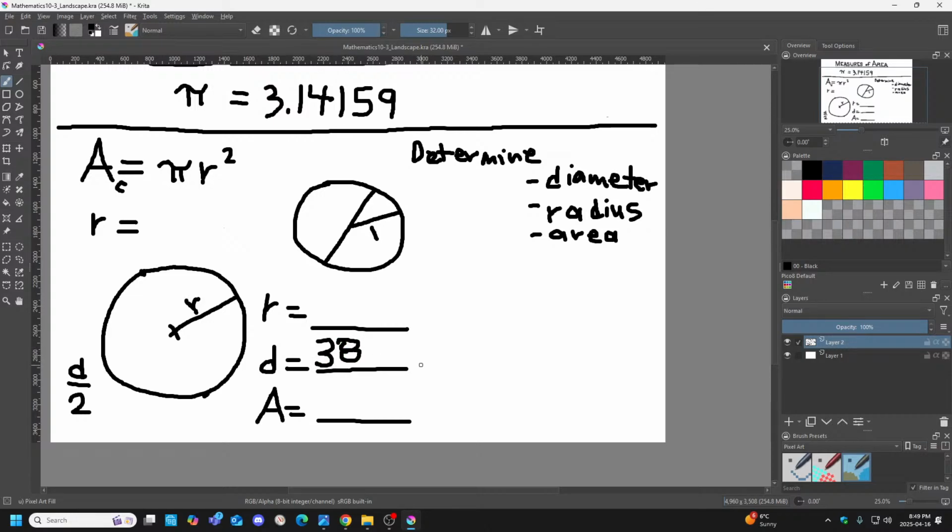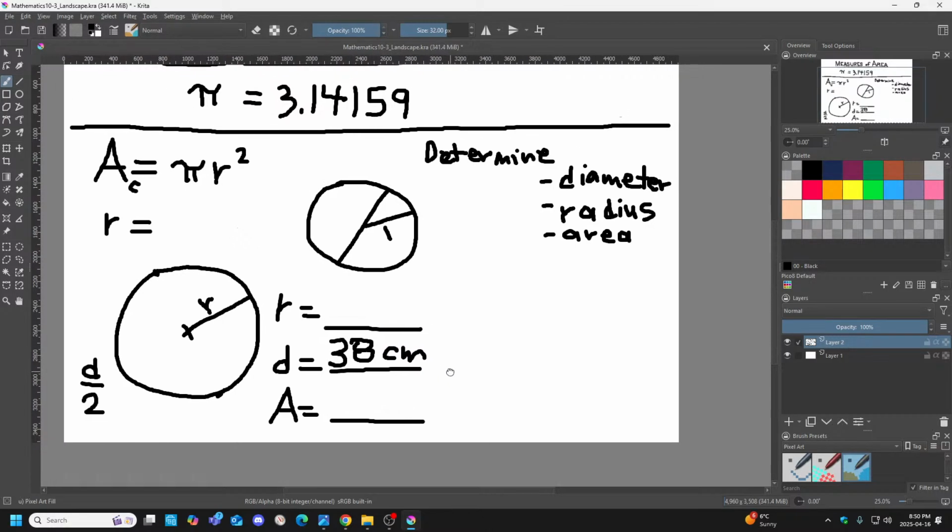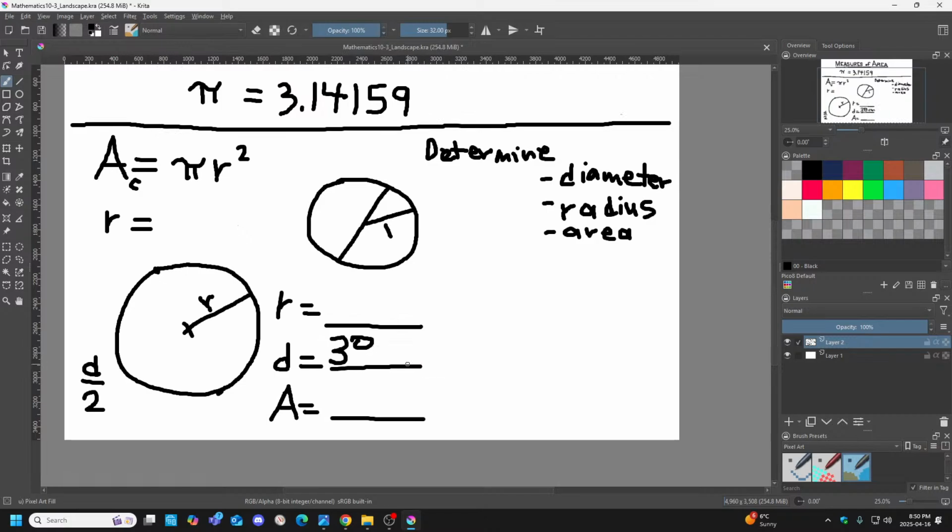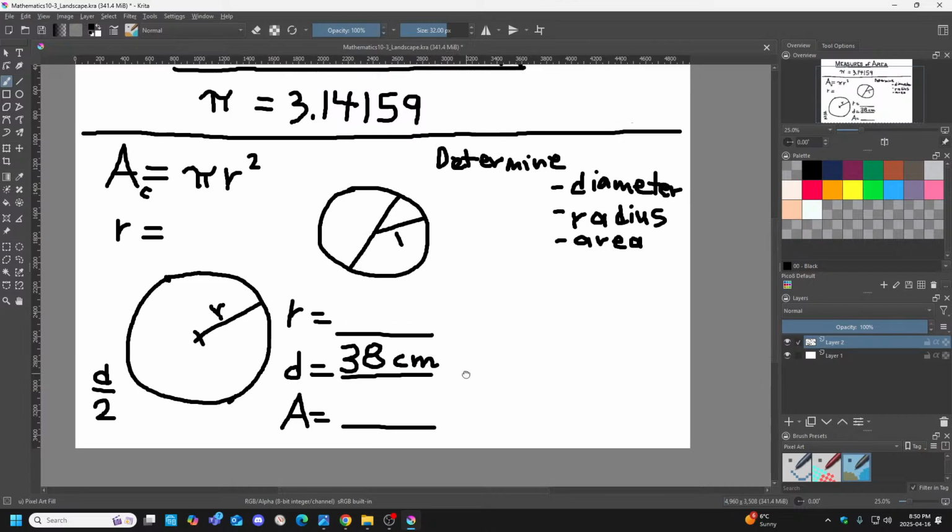This is going to be pretty small. Centimeters. There we go. So that's given. That's all they've given us.